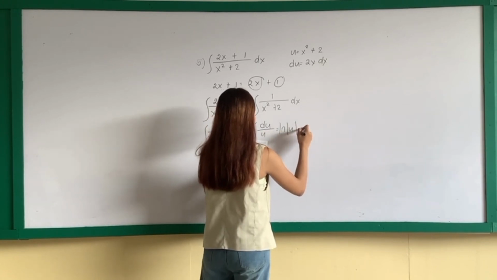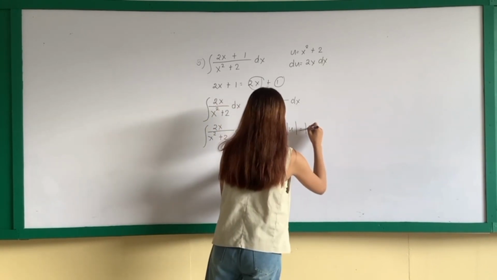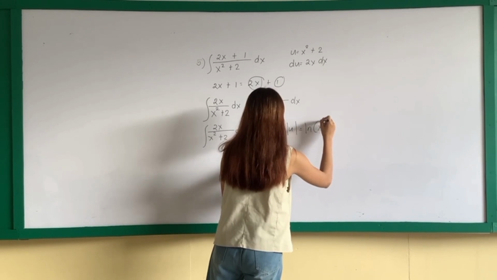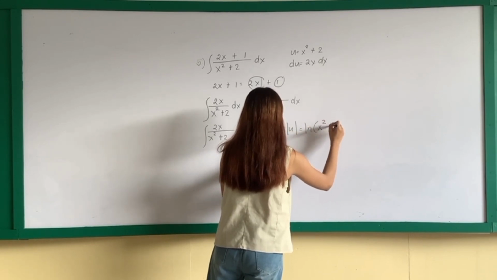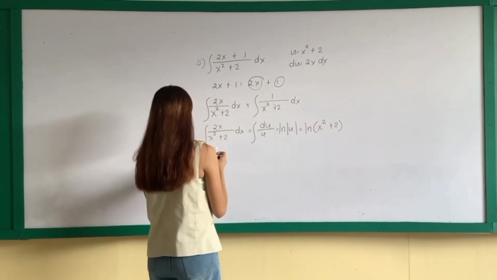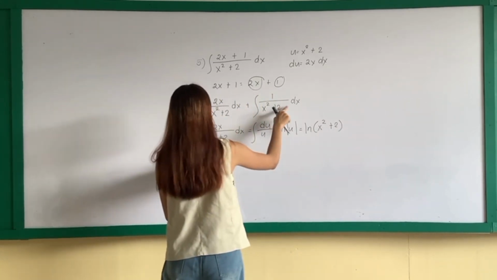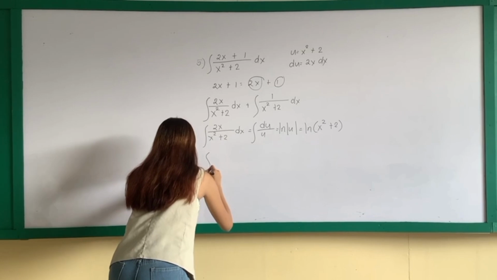So let's substitute: ln the absolute value of x squared plus 2. So that's not our final answer yet.